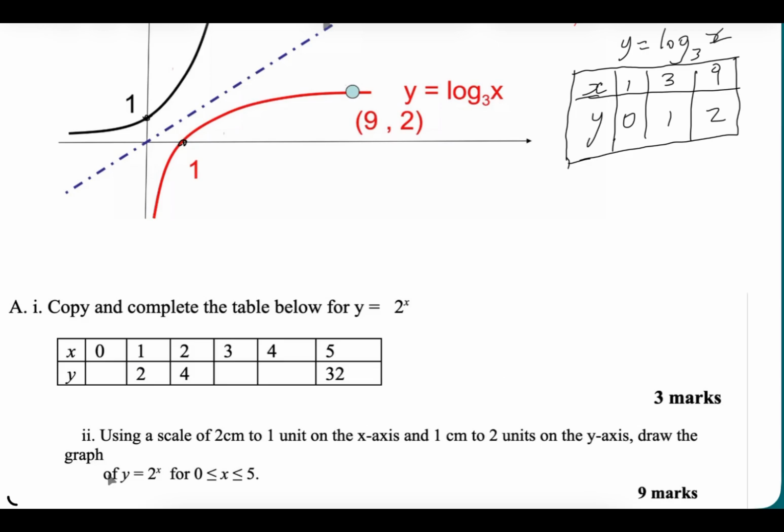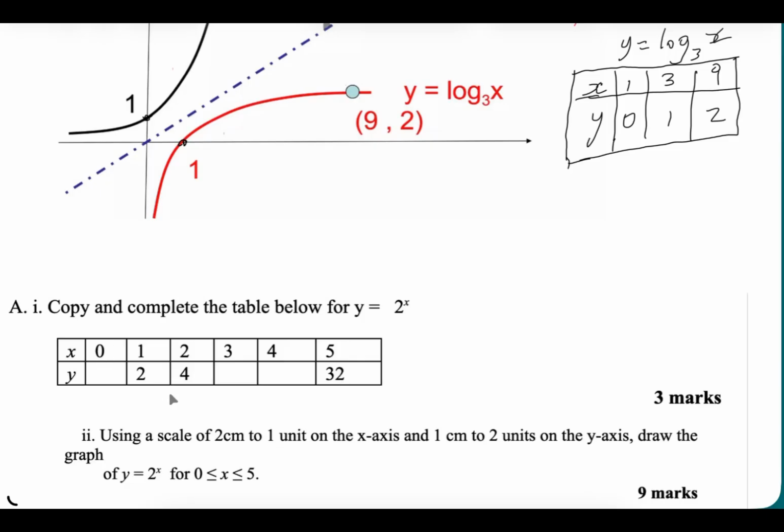And then to draw the graph of this function, y equals 2 to the x. After you fill out the table, you make the coordinate points for x between 0 and 5. Notice the x values are already between 0 and 5, so you don't have to do anything additional.